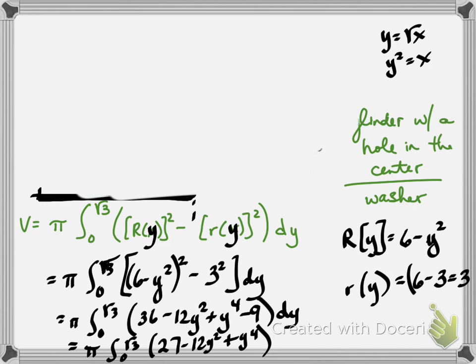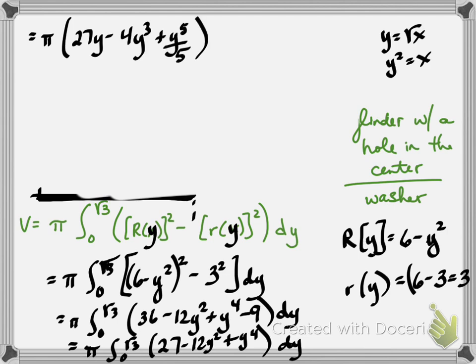You may not even want me to do this last bit since we're just integrating. So pi, 27y minus 12y to the 3rd over 3 is 4y to the 3rd, plus y to the 5th over 5, from 0 to square root of 3.